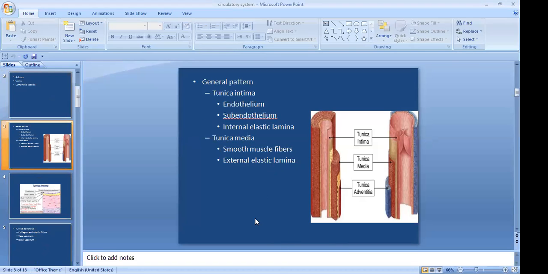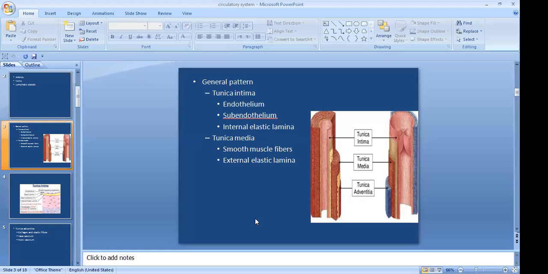So the tunica intima is further classified into endothelial layer, subendothelial layer, and internal elastic lamina.